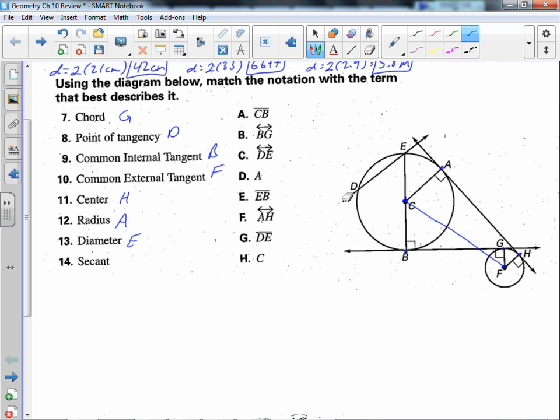So you've got this line here going through the circle, hitting it at E and D. So that is line DE, as opposed to where we used segment DE for the chord earlier. This is line DE, which is C. So make sure you pay attention to those symbols above the letters.